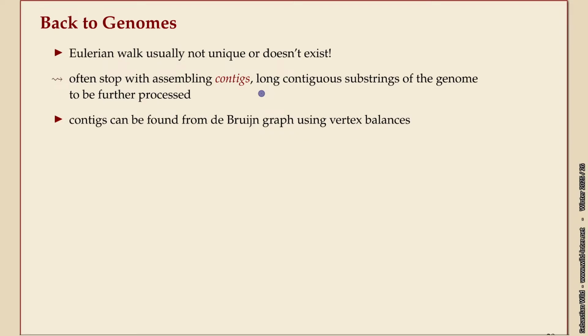And then I still want to do something, and luckily I can still construct this De Bruijn graph and at least find what bioinformaticians then call contigs. So it's sequences of contiguous ranges of the genome that you can sequence. Even though you don't get the full genome in one go, you can get larger fragments, which are much larger than the initial reads. And it seems that this is something people can then manually work with much better. And we can get this from essentially looking at in and out degrees.